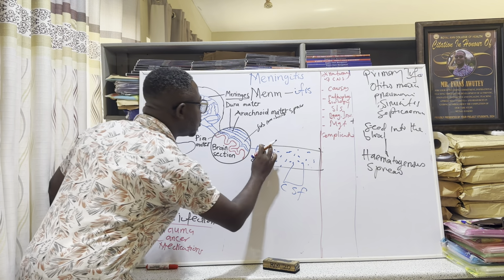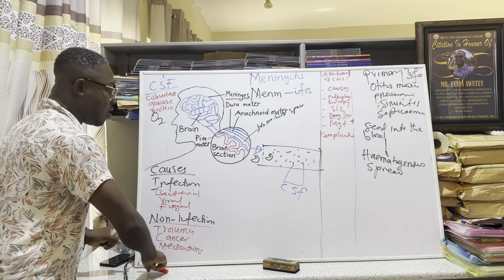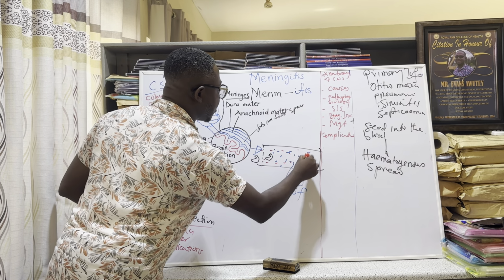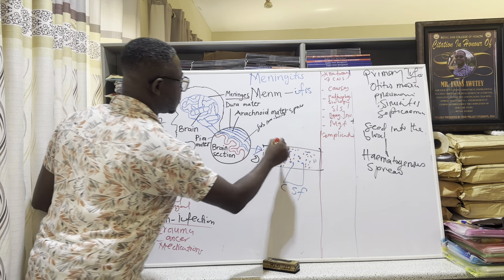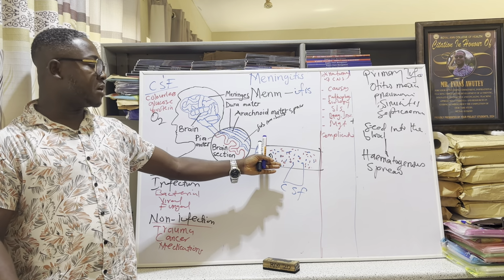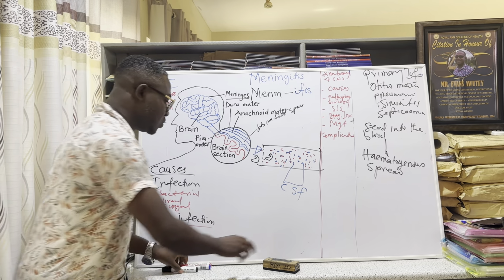So increased permeability, they are breaking the barrier, allowing more blood to get into the subarachnoid space. So that means that the volume of fluid, which originally was CSF, has now been increased, and that would lead to.